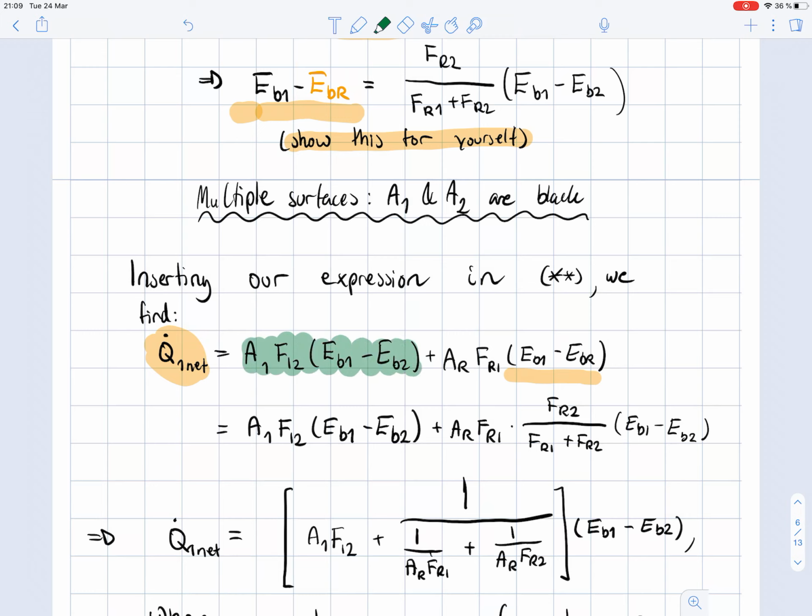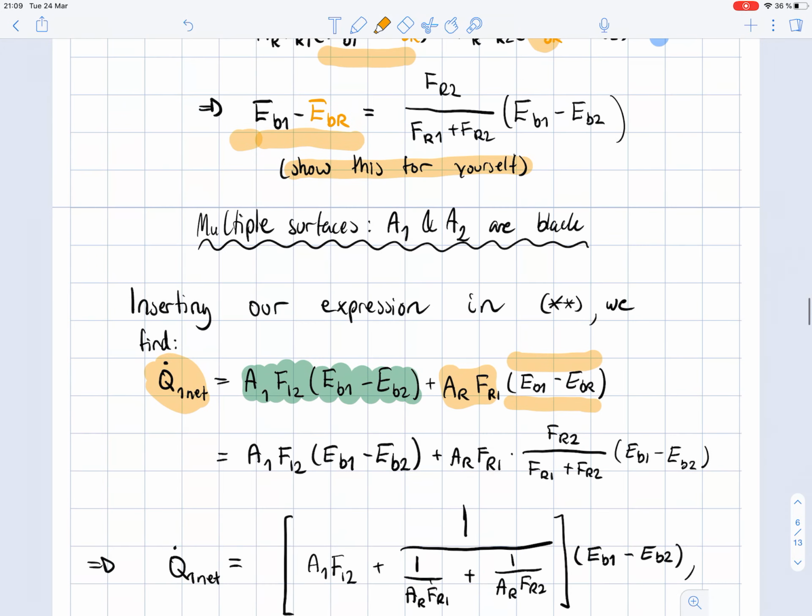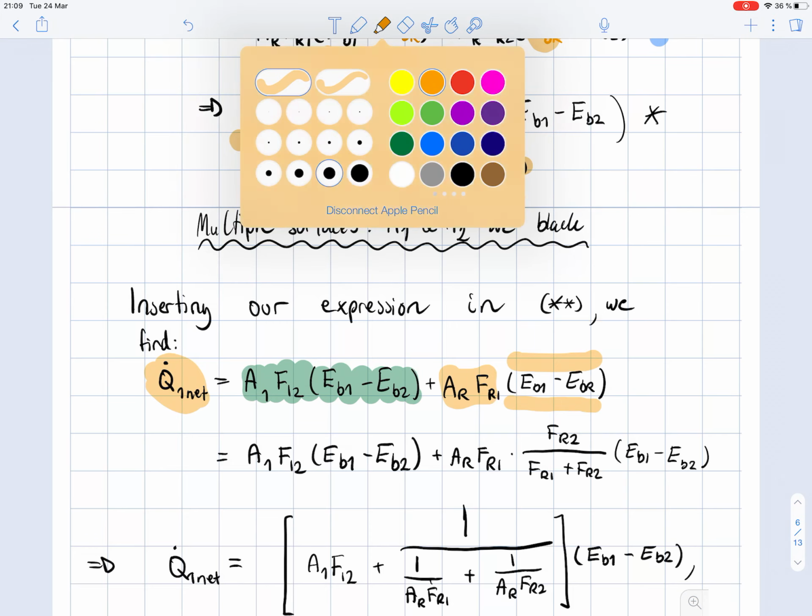Then we had AR FR1 multiplied with EB1 minus EBR, which we have found an expression for here. Right? So we substitute and we get the following expression.